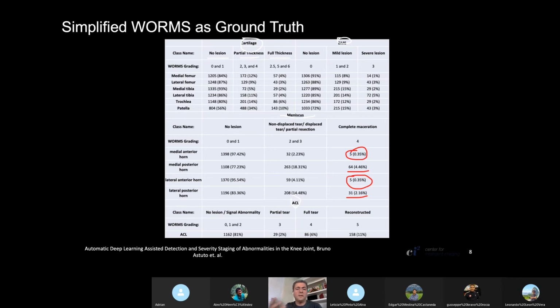So if I train a model that says it's a no lesion, it's going to be right 95% of the time. So accuracy itself is not a very good metric. We need to look especially at sensitivity. We would like the model to be more sensitive than specific, because it's a medical application.